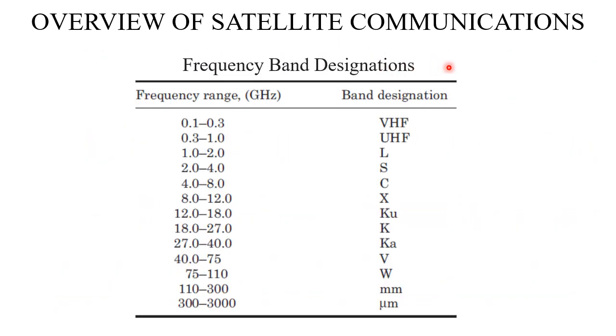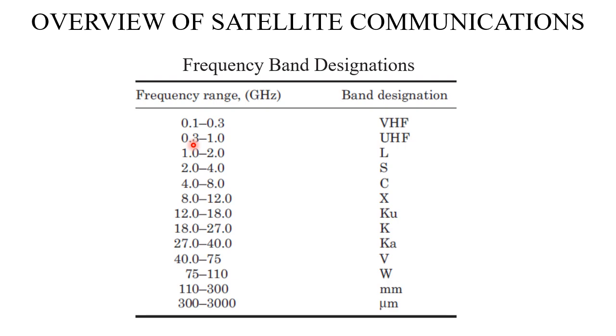We will now consider frequency band designations. The range of frequencies 0.1 to 0.3 gigahertz is called the very high frequency or VHF. Our FM broadcasting system is using this particular range of frequency.